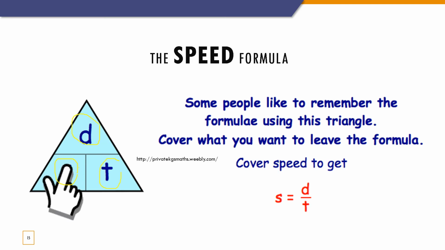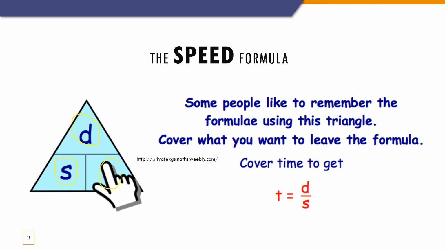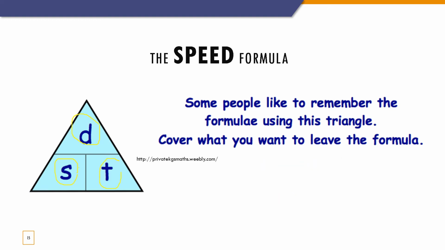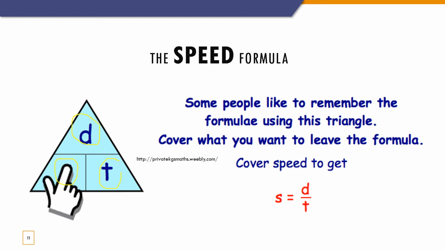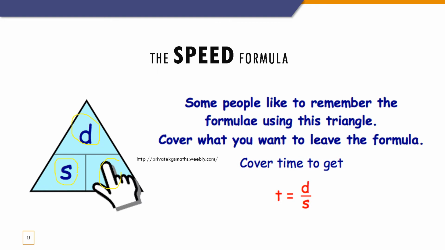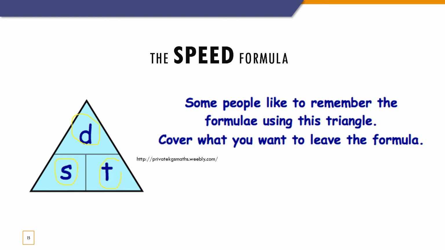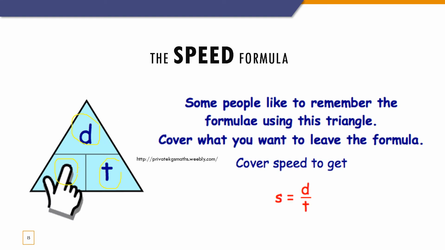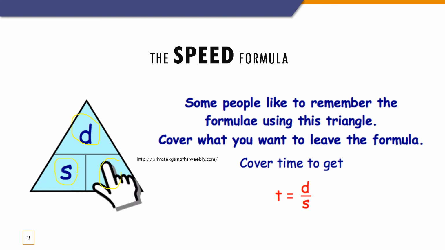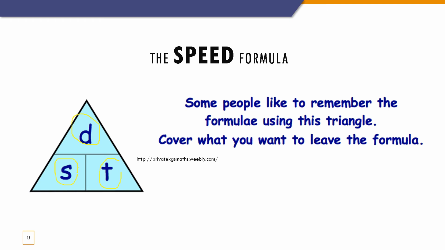Mas maganda daw gamitin yan, kasi kapag tinakpan mo yung formula, let's say tinakpan natin si distance, ibig sabihin distance hinahanap natin. Then, we should multiply S to T. Kapag naman speed ang hinahanap natin, divide natin si D kay T. Pero kung time ang hinahanap natin, yung distance, i-divide natin siya kay speed. So, that is the speed.